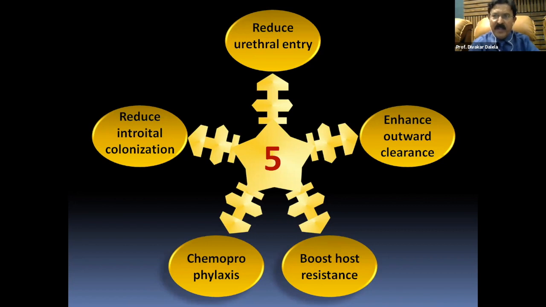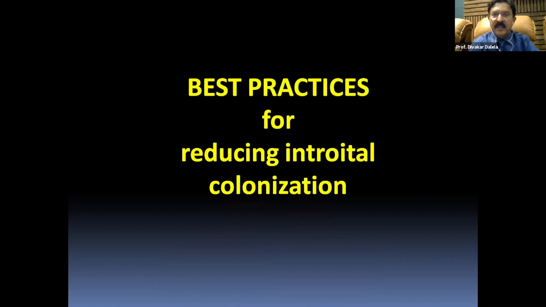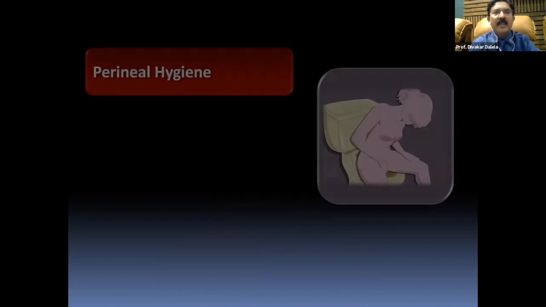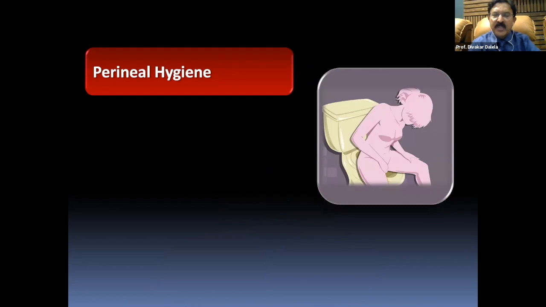Now let me elaborate what you actually need to do in each strategy. So what is the best practice to reduce the colonization of the external genitalia of the female? First and foremost is maintaining good perineal hygiene. When ladies clean their bottom after defecation, they should not clean from the front.